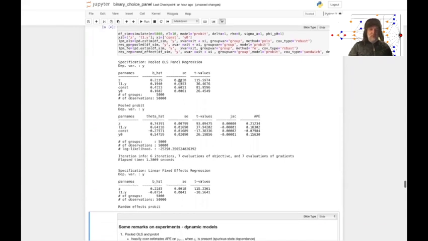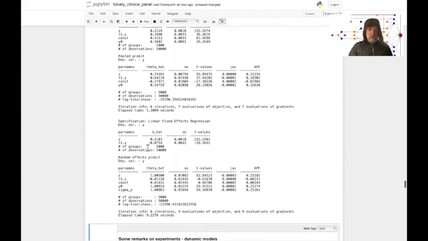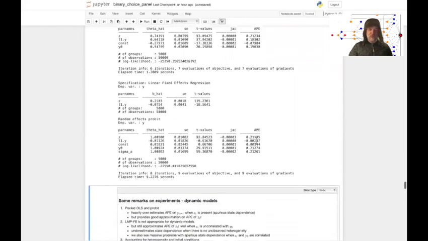Now again you get a significant state dependence, even in the case where there's not supposed to be any. That's because of the initial conditions problem. And if you do a pooled probit, you get the same. You get a high average partial effect, and it's supposed to be 0. Again, it doesn't help to do fixed effects because we are relying on strict exogeneity, but here the random effects model nails it.